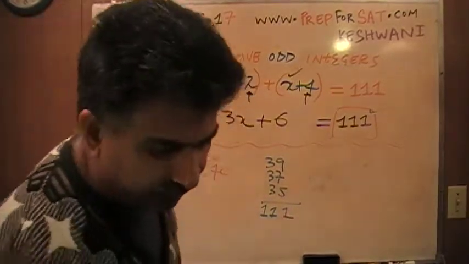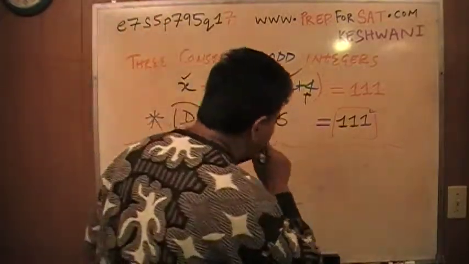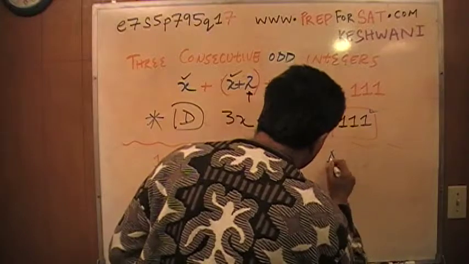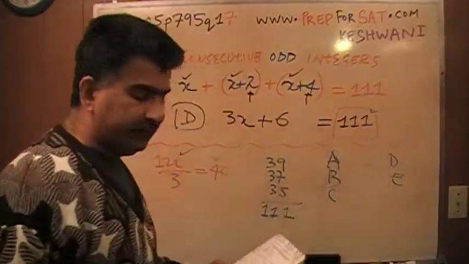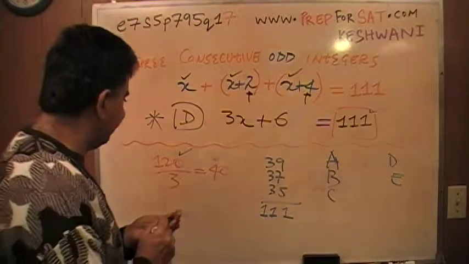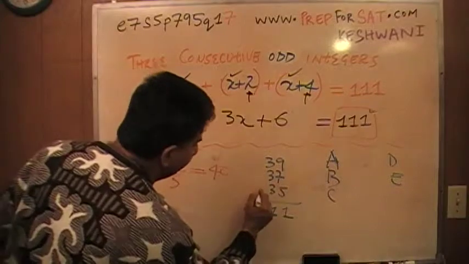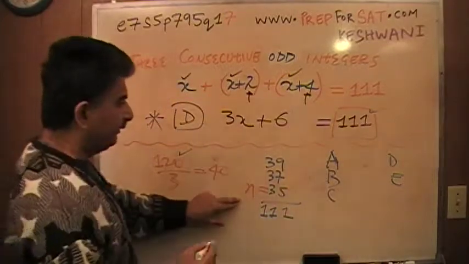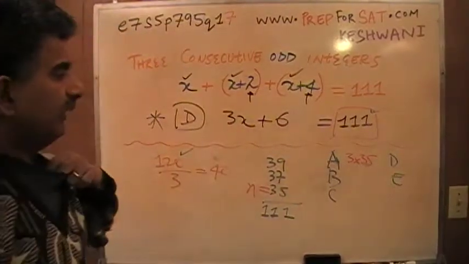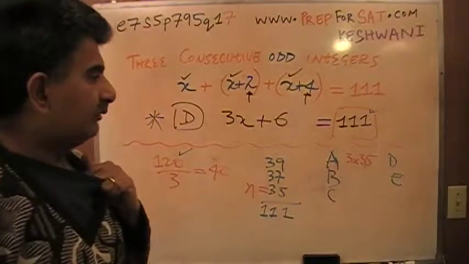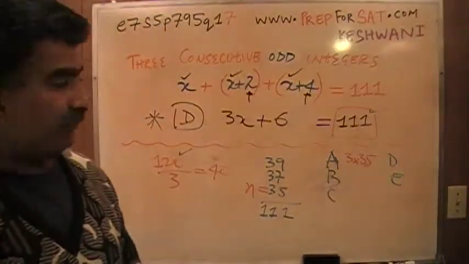Now the answer choices they give us are in this manner. The first answer says 3n equals 111. Well, let's see what 3n would be. Now keep in mind that your n is the least integer. 3 times n would be, well, 3 times 30 is 90, so 3 times 35 should be 105.